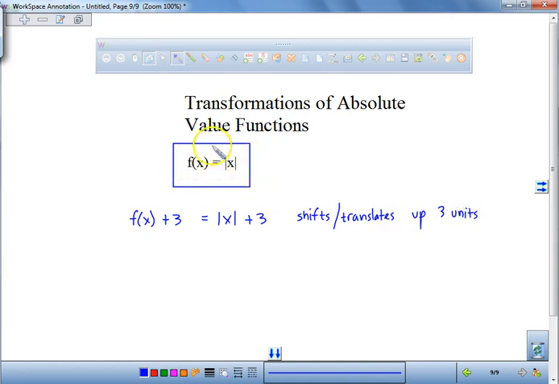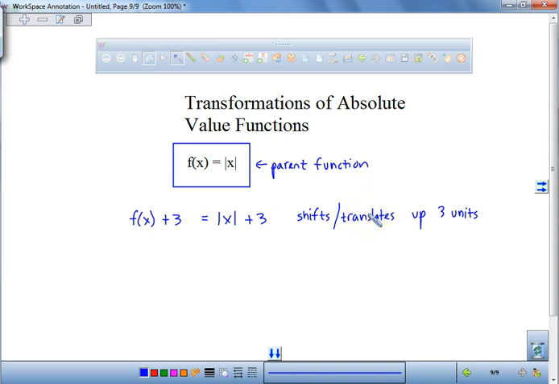Now, this function, the absolute value function, this is what's called the parent function for all absolute value functions.